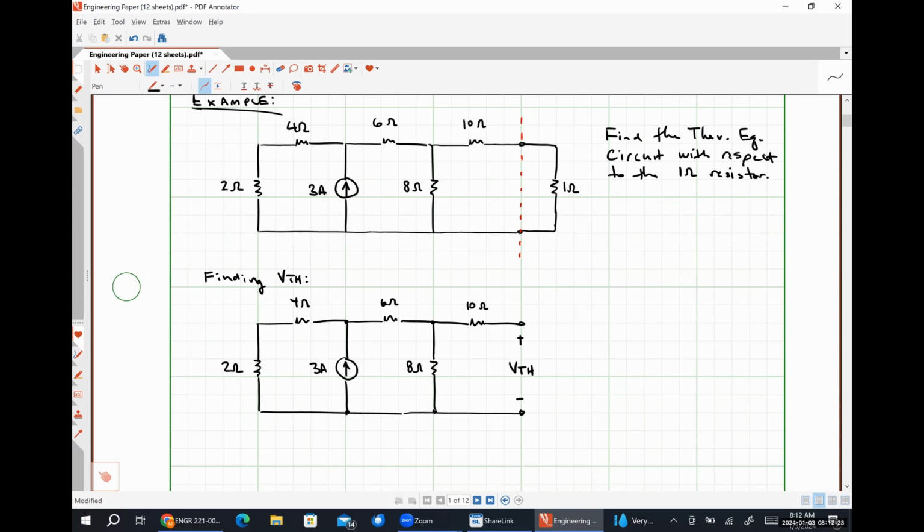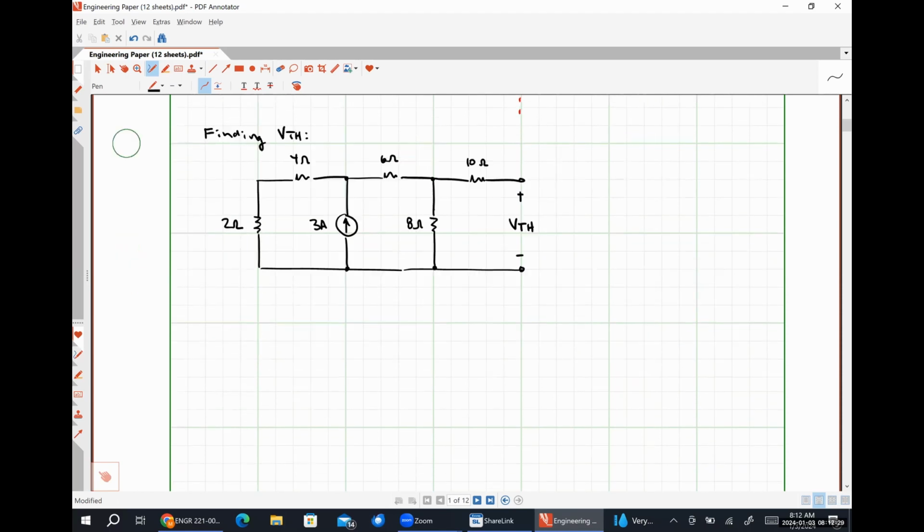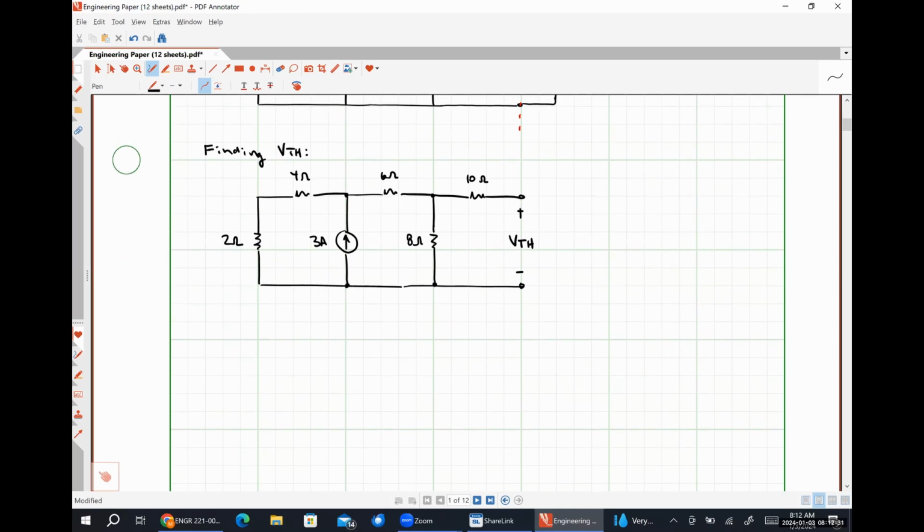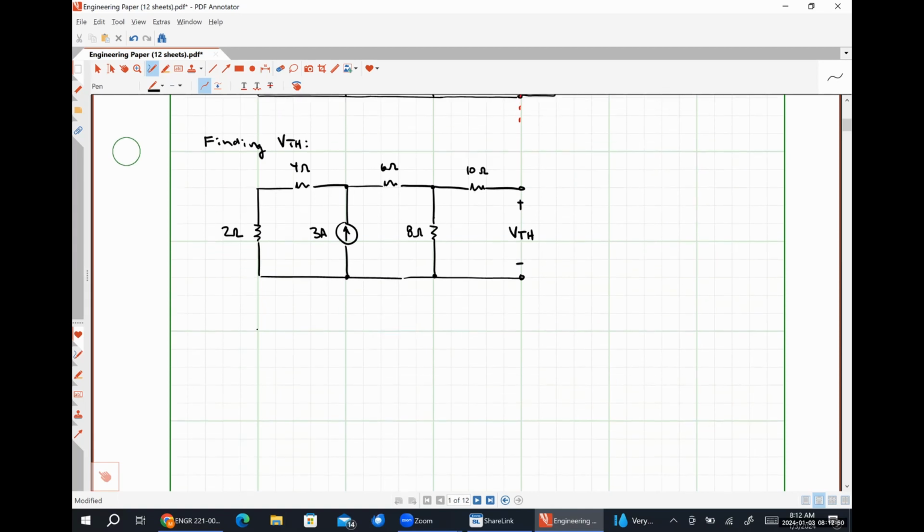So since the first suggestion was a source transformation, let's explore that and then I'll tell you how I would do it. Okay. So I'm going to combine my 2 ohm resistor and my 4 ohm resistor into a single equivalent resistance of 6 ohms. And now I have 3 amps in parallel with 6 ohms. So that is going to look like 18 volts in series with 6 ohms, right? So that would be something like this.